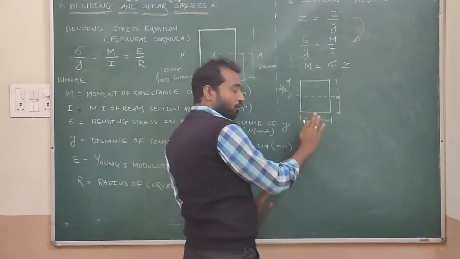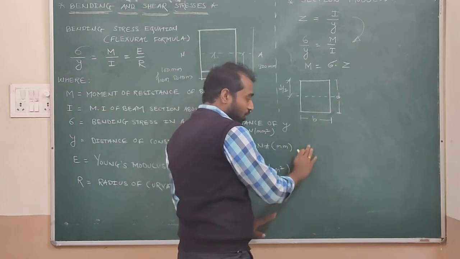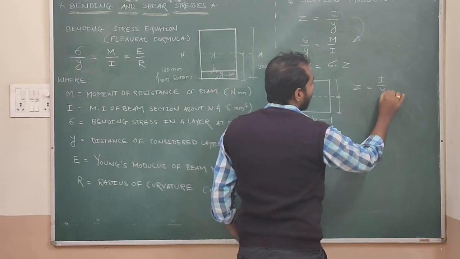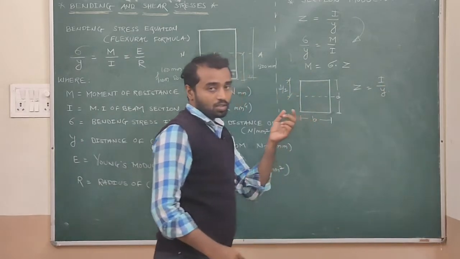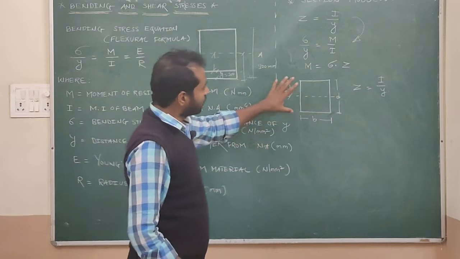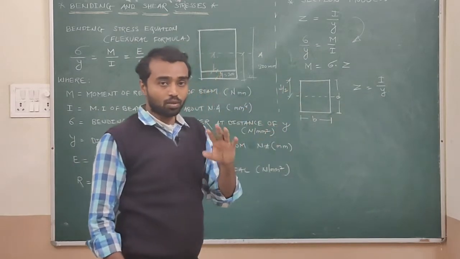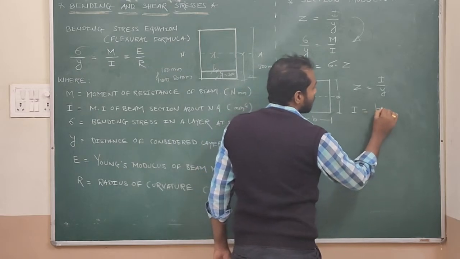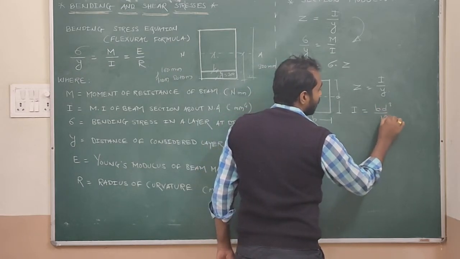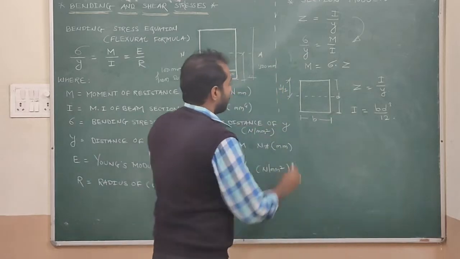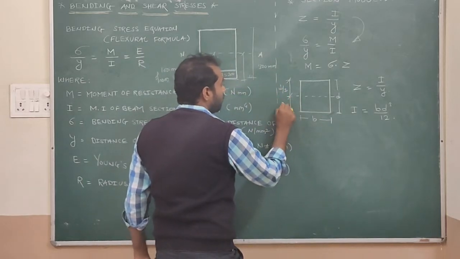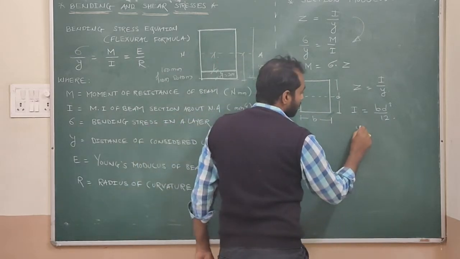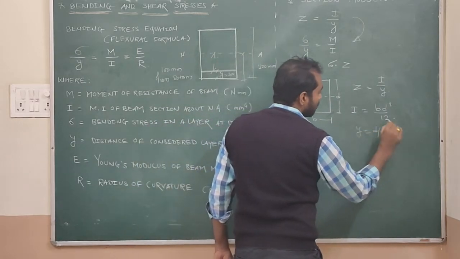Now I is the moment of inertia of this given element with respect to the centroid. I know that for a rectangle, I is equal to b d cube by 12, and y is equal to d by 2 here for the rectangle.